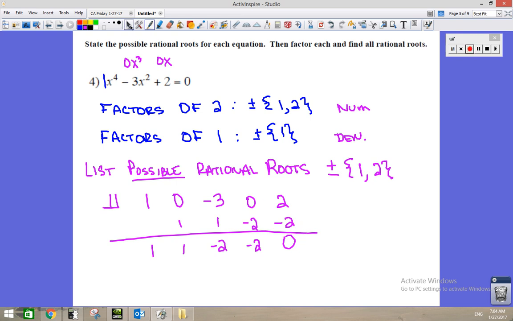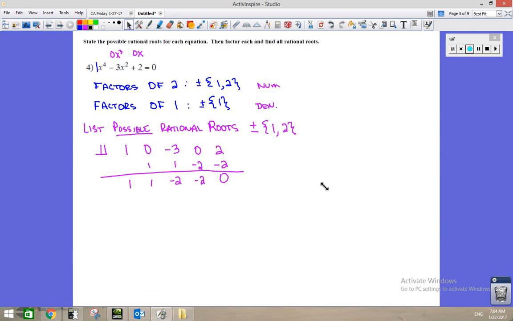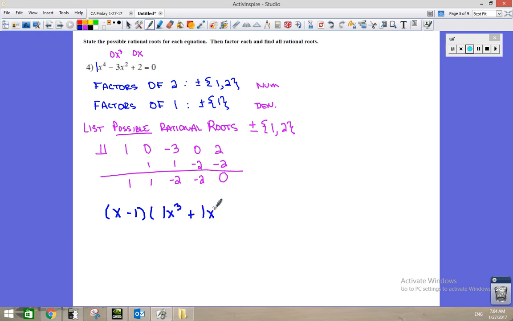Alright, now we look at this and we see that we have x minus 1, and this is 1x cubed plus 1x squared minus 2x minus 2. You may notice here that you can actually factor by grouping.